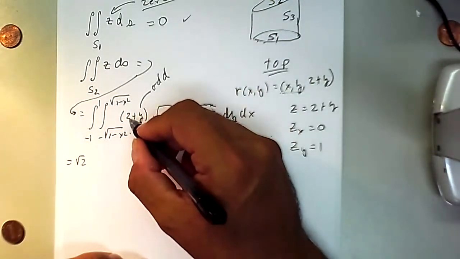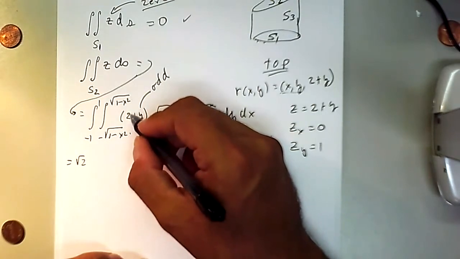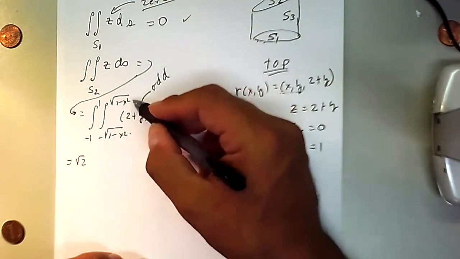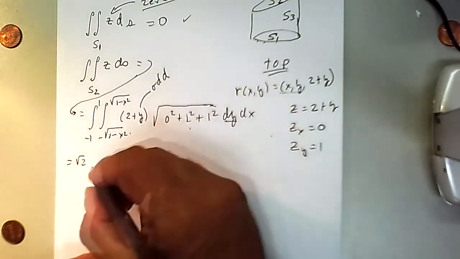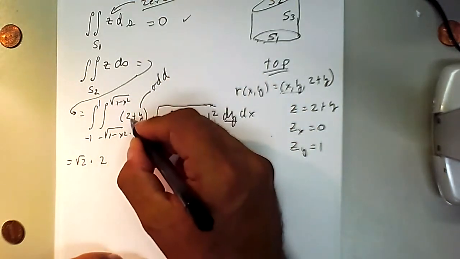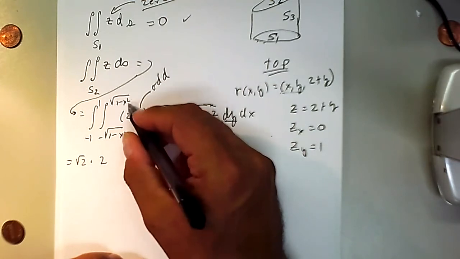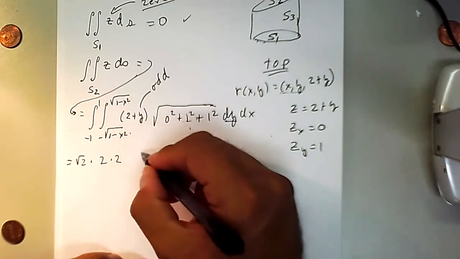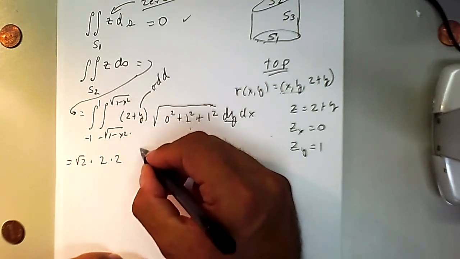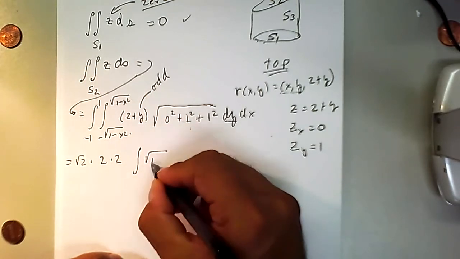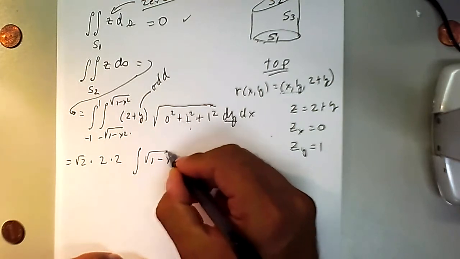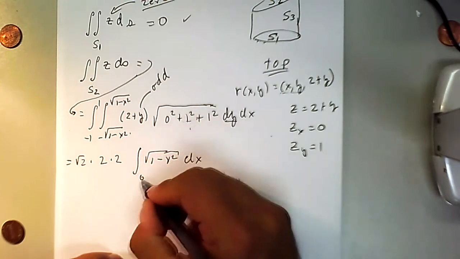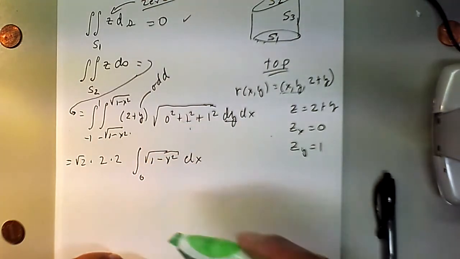The 2, well, the 2 is easy. The 2 is just a constant. So you just do the top minus the bottom, which is double the top. So we have the 2 from the integration. And the top minus the bottom is going to be another 2 of the square root of 1 minus x squared dx from negative 1 to 1.